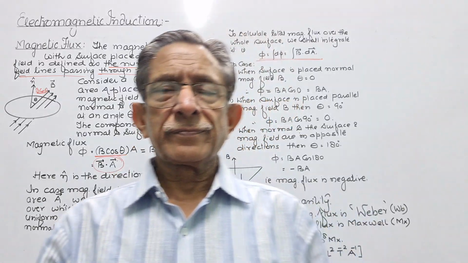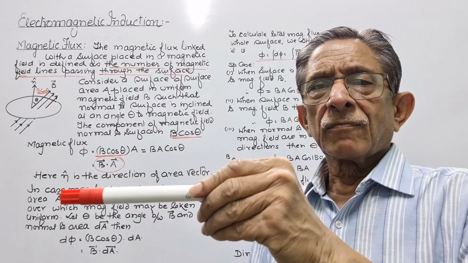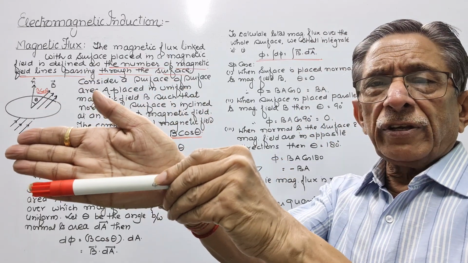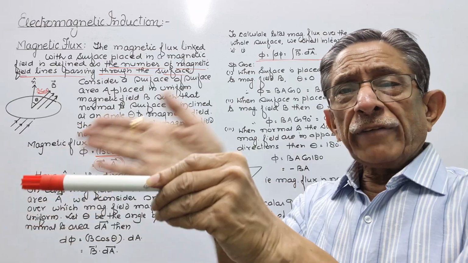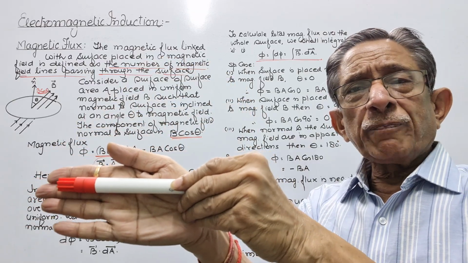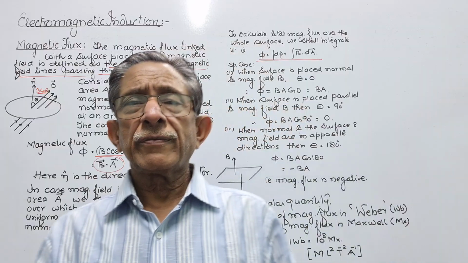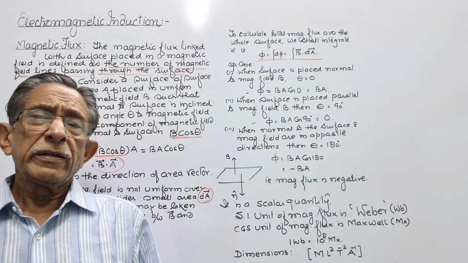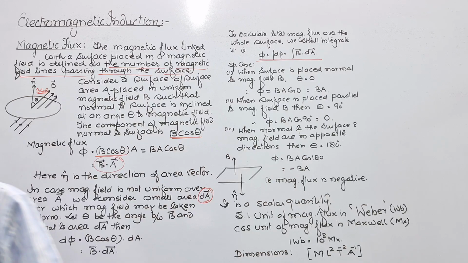Second case, suppose this is a magnetic field and the surface is placed parallel to magnetic field. Then the normal to the surface makes an angle 90 degree with the direction of magnetic field.